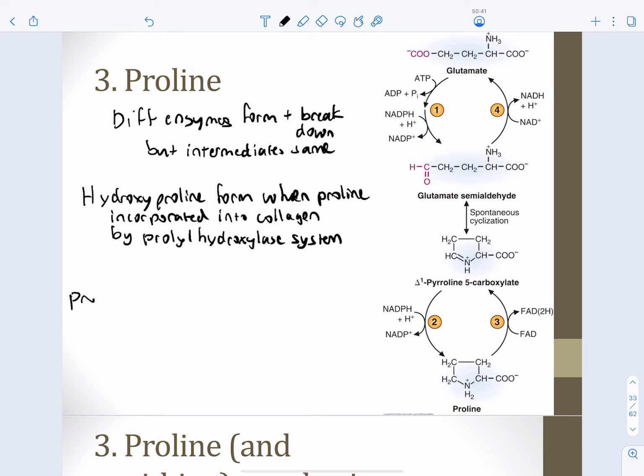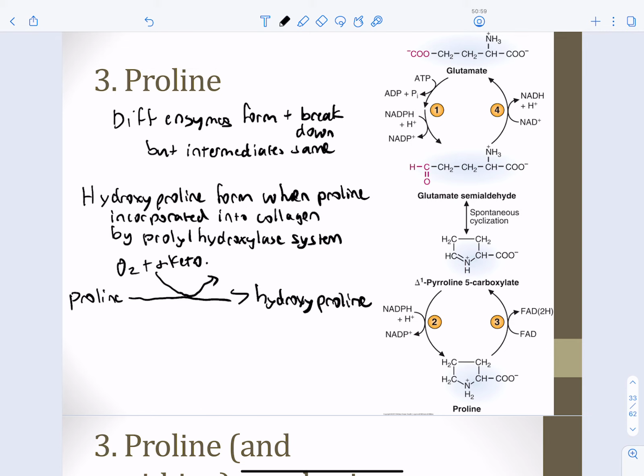So you have proline, it requires oxygen, and our alpha-ketoglutarate, and then we have our procollagen dioxygenase, and a cofactor is vitamin C.